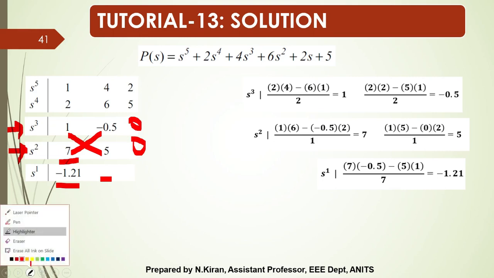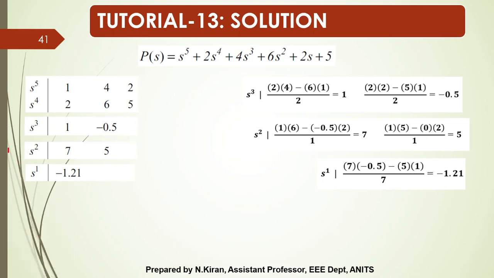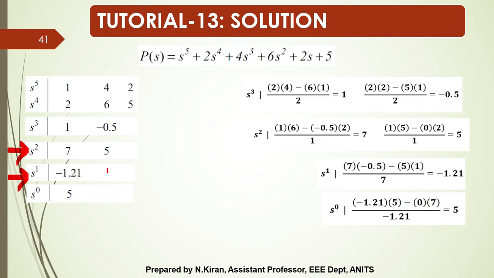The last row s bar 0 can be obtained by considering these two rows, that is s square and s bar 1. Using the formula, since the element is 0, minus 1.21 into 5 minus 0 into 7 divided by minus 1.21 will give me the last element in the Routh table, which is 5.